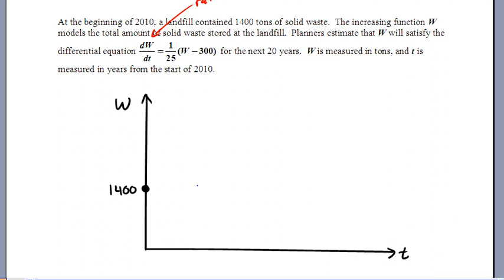Does it grow aggressively? I don't really know. It looks like some sort of exponential growth, but it's got this minus 300 to it. So I'm kind of suspicious that, yeah, it's probably going to, maybe, go up like this. I don't really know for sure, right? It's a bit of a guess right now. So maybe I shouldn't even put anything in just yet. We'll get to that.